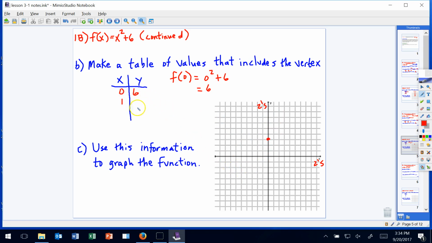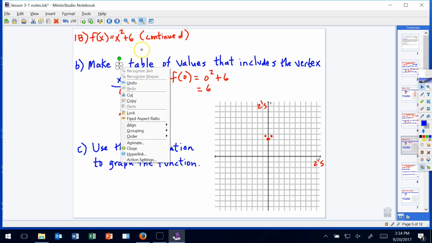All right, let's do another input real fast. 1 squared is 1. 1 plus 6 is 7. So the point (1, 7), this would be 1, 2, 4, 6, 7, and then match it up on the other side of the AOS. Input 2, 2 squared is 4.